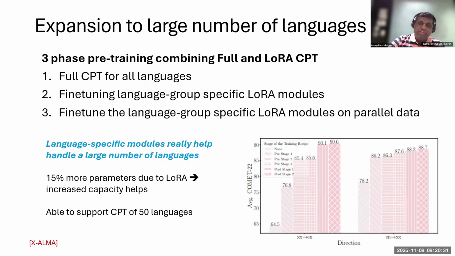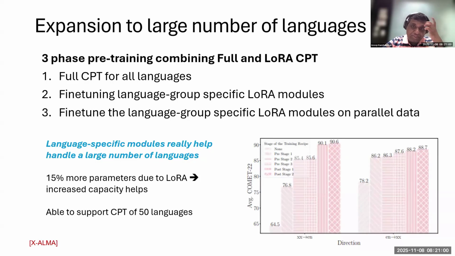And then you could have language group specific LoRA modules. And in the second round, you would just fine-tune the LoRA adapters for those particular languages in that group as the data streams in during fine-tuning. So this recipe turns out to be good for extending the model to a large number of languages because you have some language group specific parameters, which maybe is one of the reasons it improves: there is an increased capacity.